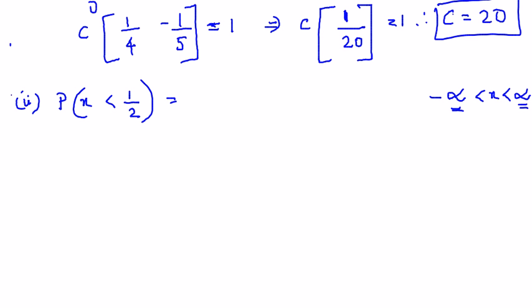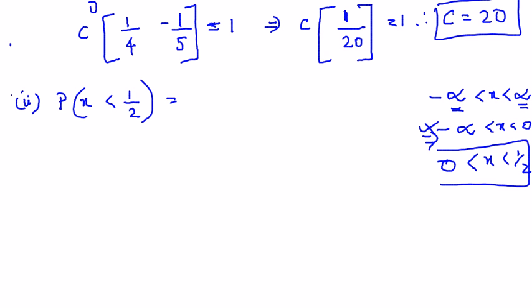That's how you get the distribution function. What they want you to do is find out when x is less than half. So you will break it between minus infinity to 0 and 0 to half, right? Minus infinity to 0, when you substitute it, it is always going to be 0. So we can straight away apply the limit 0 to half and find it out for the same PDF, the given PDF.